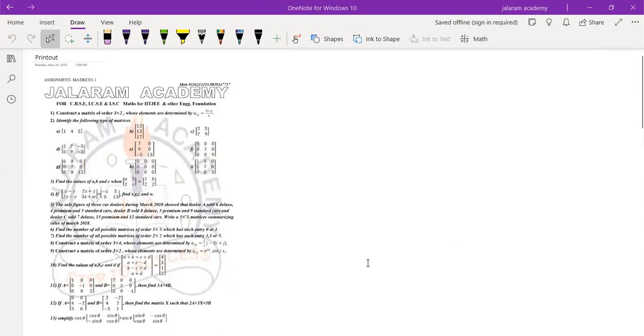First question, construct a matrix of order 3 cross 2, where elements are determined by Aij equals 3i minus j upon 3. Are you all there? Okay, next. Aij equals 3i minus j upon 3.